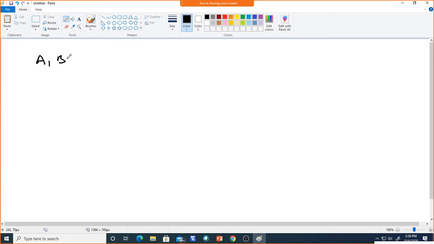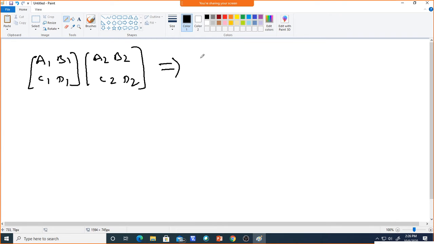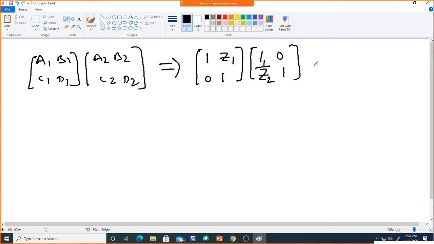So A1, B1, C1, D1 into A2, B2, C2, D2. So now this corresponding, it will give 1, Z1, 0, 1 into 1, 0, 1 over Z2, 1. So multiply, what is the resultant?